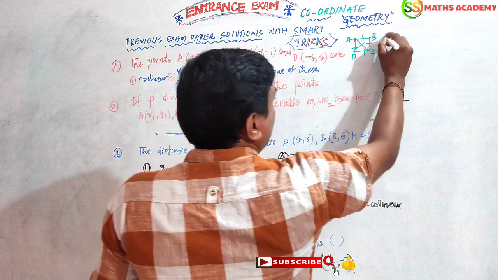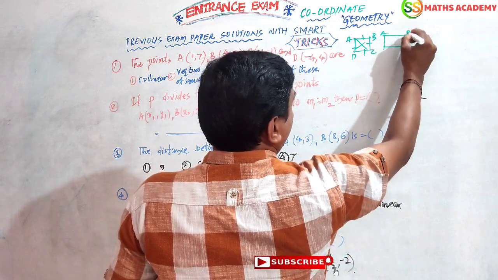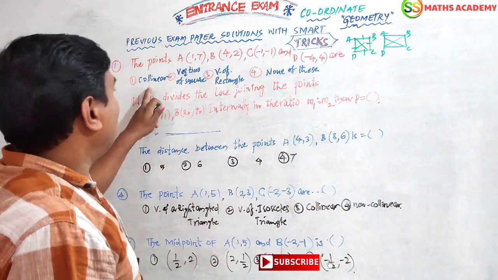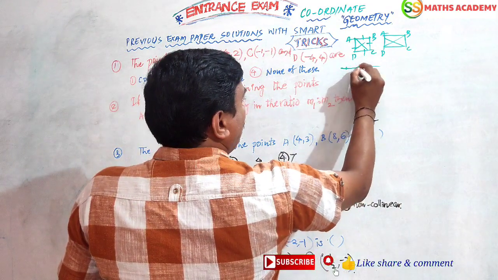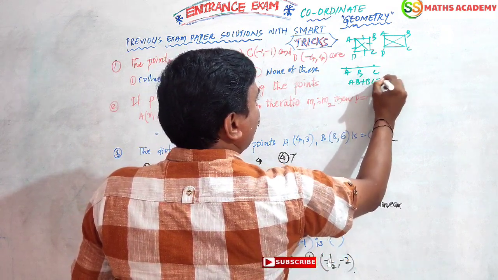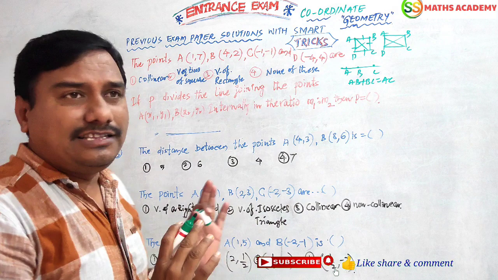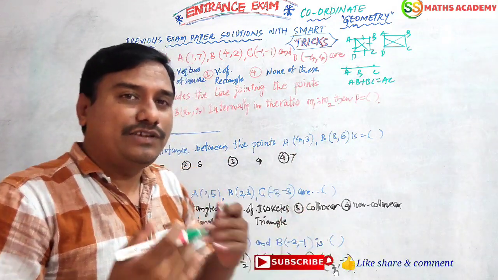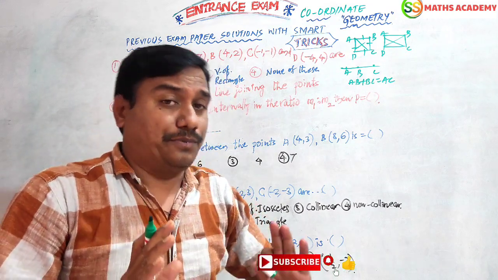For a rectangle, opposite sides are equal and diagonals bisect each other. For collinear points A, B, C, AB plus BC should equal AC. Whichever of these three conditions is satisfied is our option.